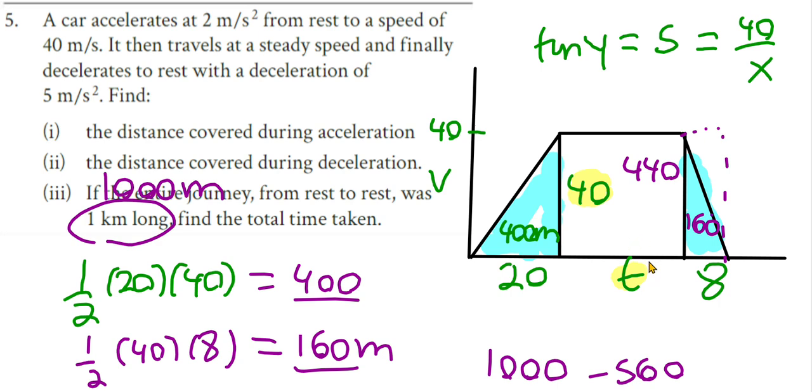Why does it have to be 11? Think about it: distance divided by speed, because there's no acceleration anymore. So what's distance divided by speed? 440 divided by 40? 11 seconds. And then in total, 20 plus 11 plus 8? 39 seconds for the full thing.